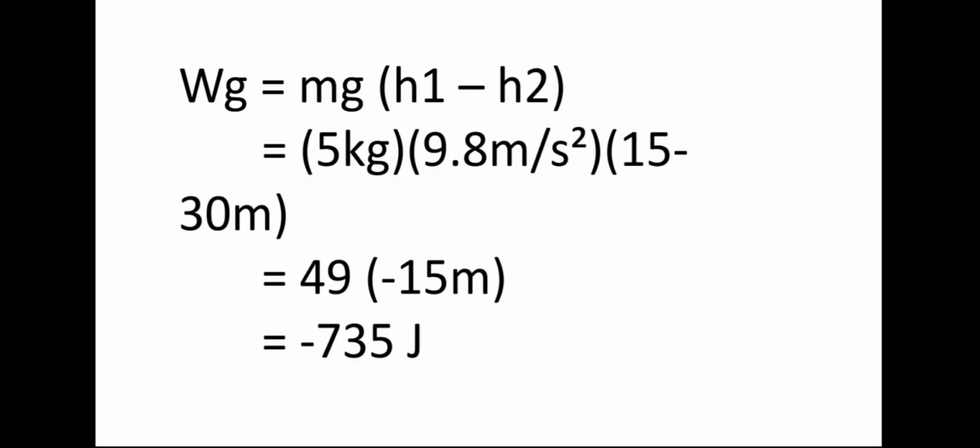Potential energy is equal to mass times gravity multiplied by the change in height, height 1 minus height 2. Our mass is 5 kilograms multiplied by 9.8 meters per second squared multiplied by 15 minus 30 meters. So it is equal to 49 multiplied by negative 15 meters, which is equal to negative 735 joules.